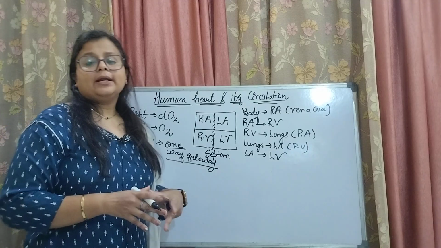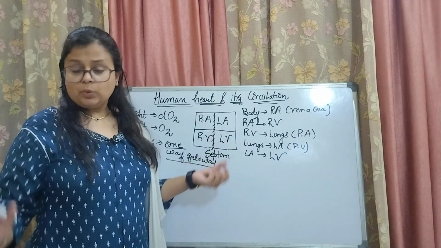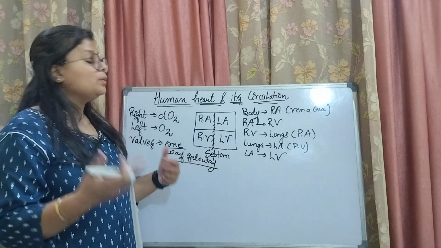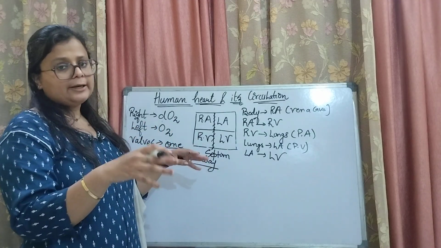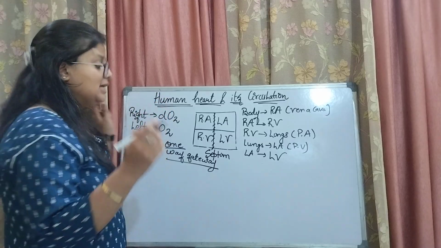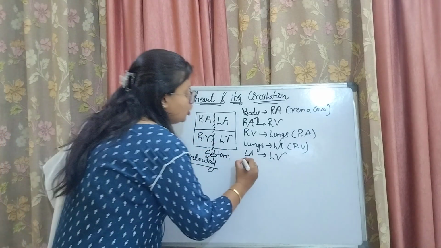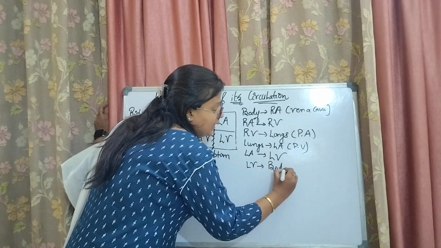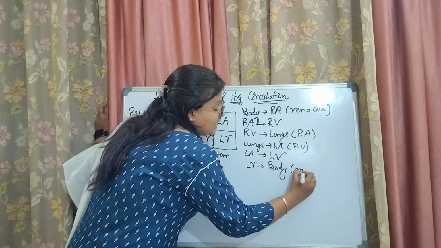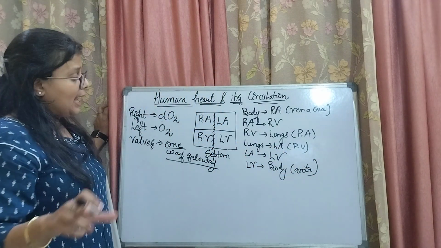Now when the left ventricle has received all the blood, the pressure in the left ventricle will increase, and what will the left ventricle do? It will transport all the oxygenated blood to all body parts with the help of the largest artery in our body, known as the aorta.